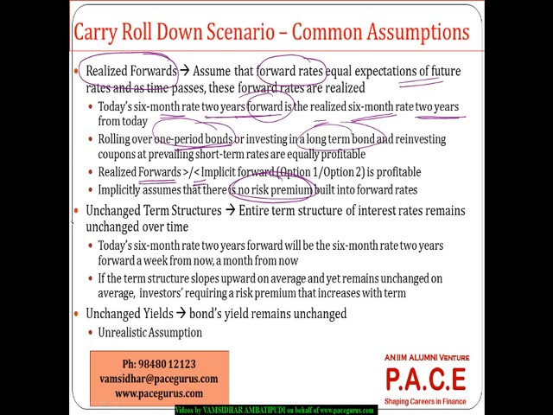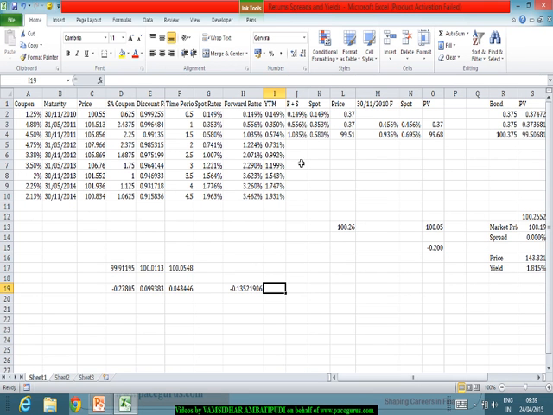On the other hand, we can very well look at another kind of an assumption for carry roll down. One is the unchanged term structure. As the word itself is saying, the term structure remains unchanged. So here, this was the term structure, right? Probably the spot rates, I could have seen the term structure somewhere around this.